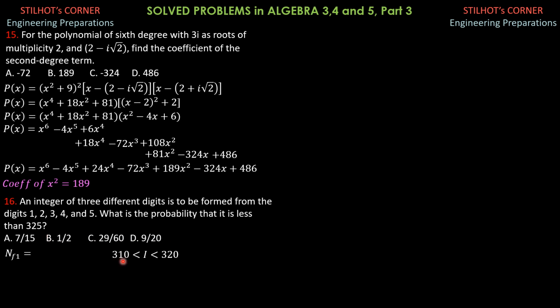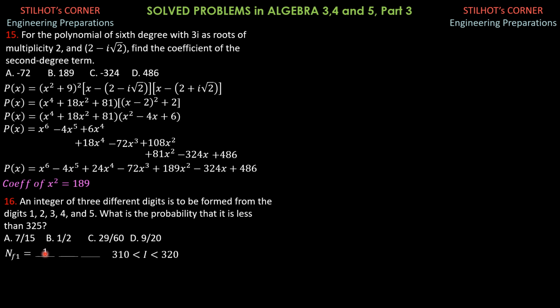So we find the number of different 3-digit integers between 310 and 325, which is less than 325. So of course, the first position is 3. So there's only one 3. So there's only one way to assign a digit here, which is 3.